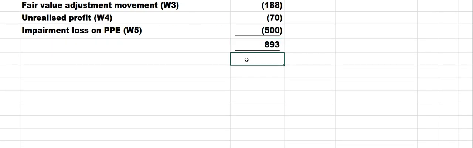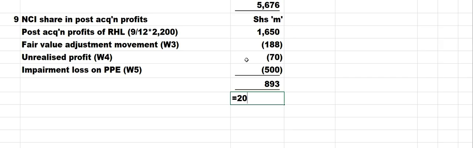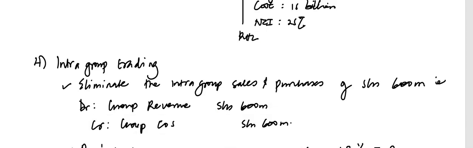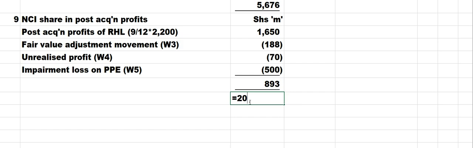So the NCI has 20%. Is it 20%? It's 25%, I think. Just confirm. Let me look at my group structure. 25%. So 25% times this gives you 223.